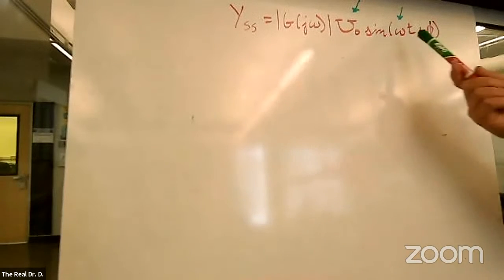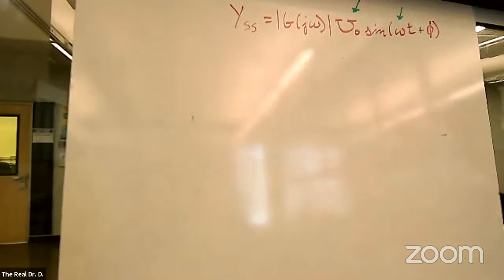And omega, when using this equation, needs to be in radians per second, right? So you're going to have to convert. How do we convert? We'll multiply by 2 pi to go from frequency in hertz to radians, right? Likewise, if you wanted it to come out in hertz, you just divide by 2 pi, right? But it's not really the name of the game here.